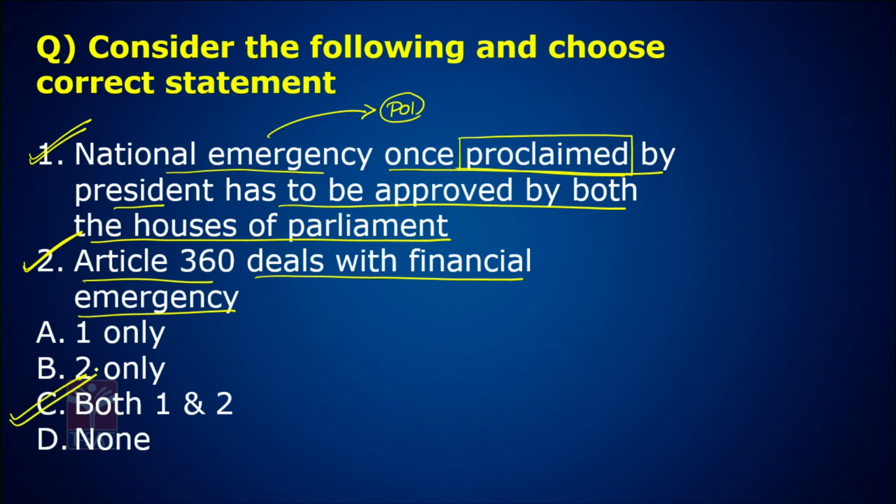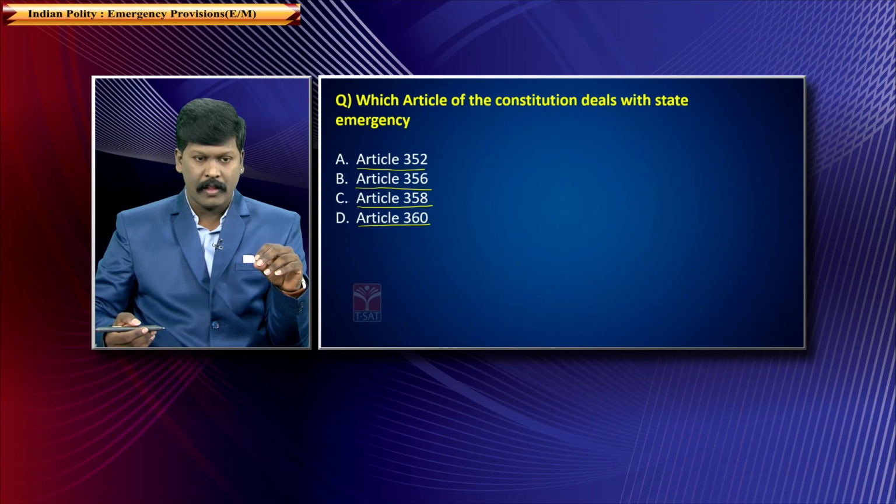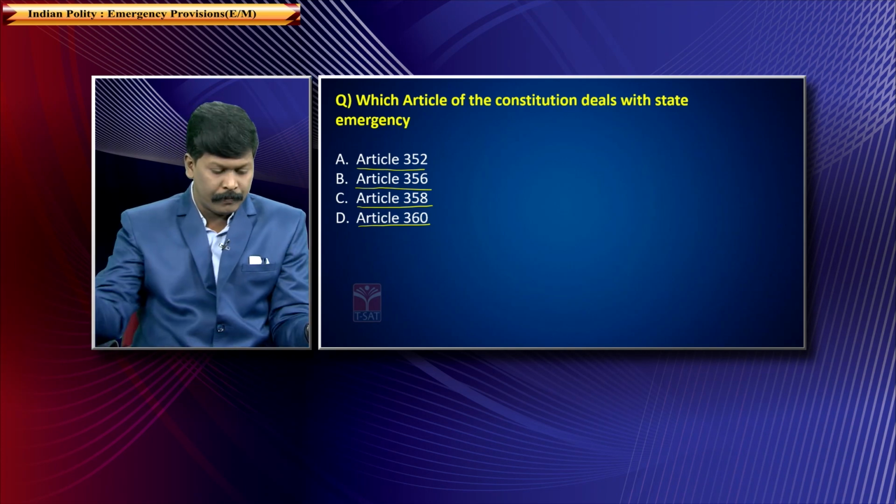The answer is C. Which article of the Constitution deals with state emergency? What an easy question this is, because this is explained just before. 352, 356, 358, 360. Look at the screen. Let us decode all the articles. Now, what is Article 352?